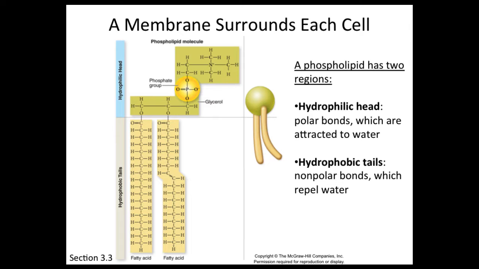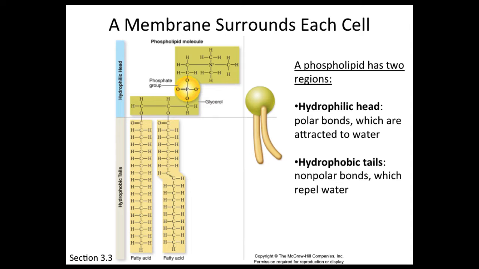The hydrophilic head is that circle structure, and it forms polar bonds which are attracted to water. Remember, hydro means water, and philic means loving. The hydrophobic tails are seen below the head, and these have nonpolar bonds, which means that it repels water.